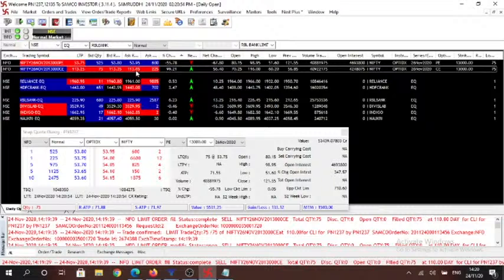Let's see if we break 50 in puts. After that, I'll square these positions.